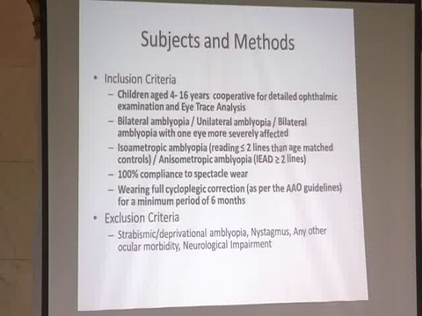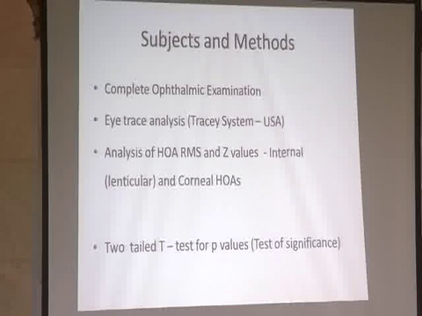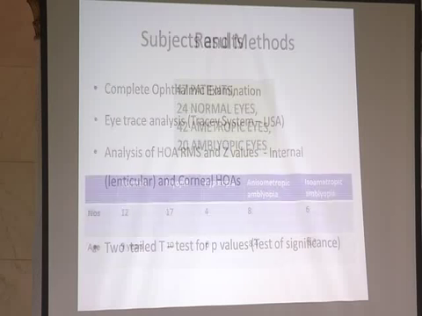We did not include patients who had strabismus or deprivation amblyopia, nor any patient who had any other ocular or neurological comorbidities. As you see, a complete ophthalmic examination followed by eye trace analysis was done, and we obtained higher order RMS for total aberrations, corneal aberrations, lenticular aberrations, and 27 Z values for each of these. So a lot of data was collected and was evaluated using the statistical tests mentioned here.